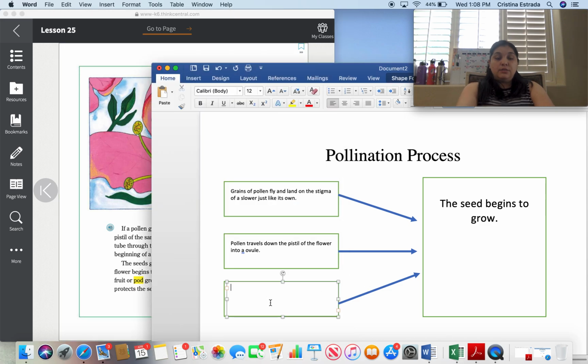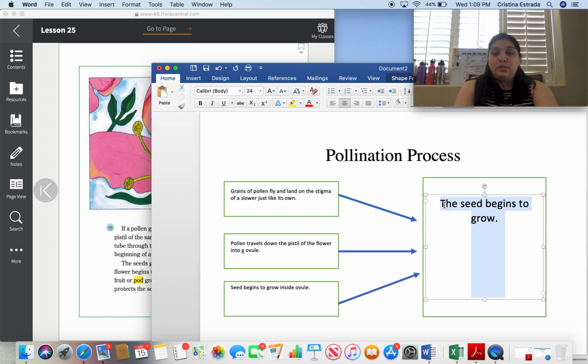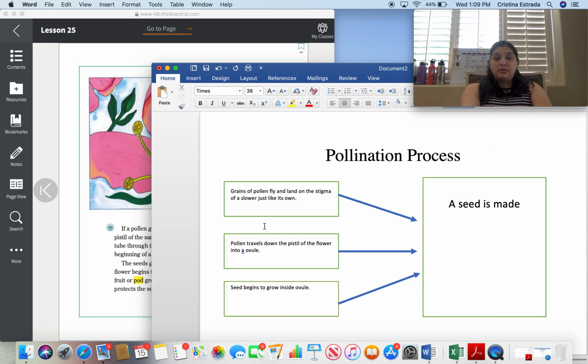Okay, so then here we put seed begins to grow inside ovule, period. So that is how a seed is made. So we'll put that here for our cause. So these things cause a seed to be made.